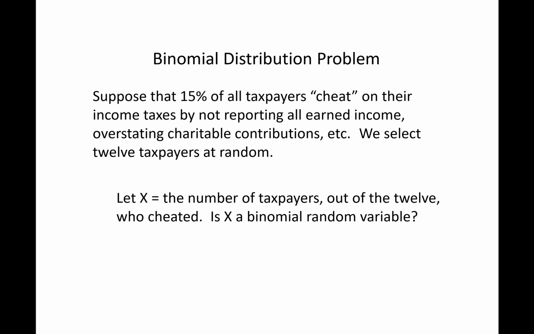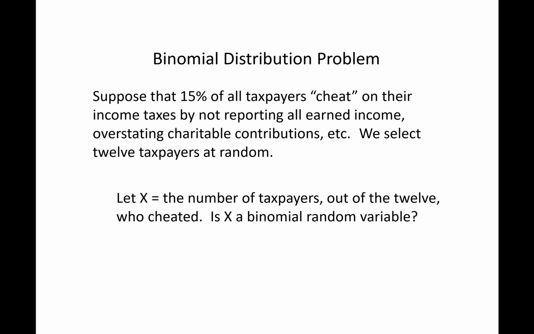So if we let x equal the number of taxpayers out of the 12 who cheated, is x really a binomial random variable? For a binomial random variable, we have to have a fixed number of trials, and in this case, that would be observing whether a taxpayer cheated or not. And we have 12 of those, so that is fixed. Second, each of the trials results in one of two options, success or failure, and we have that here.